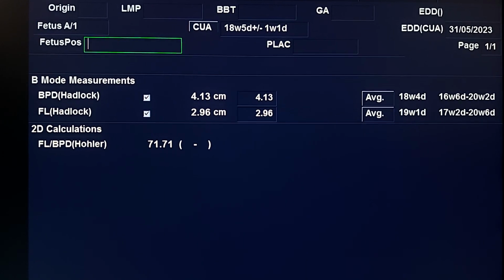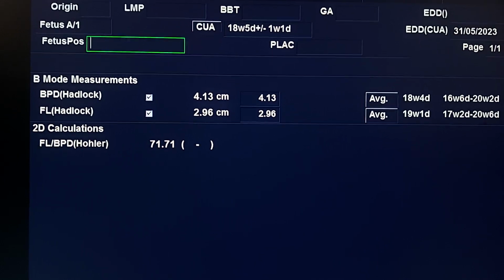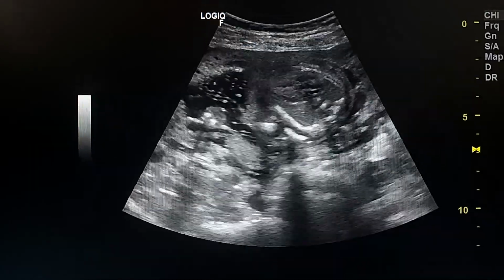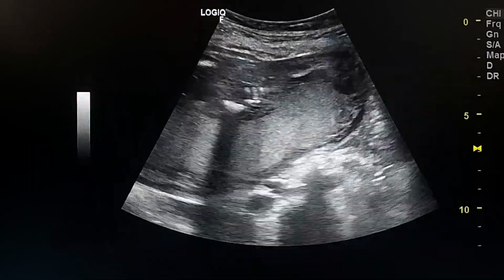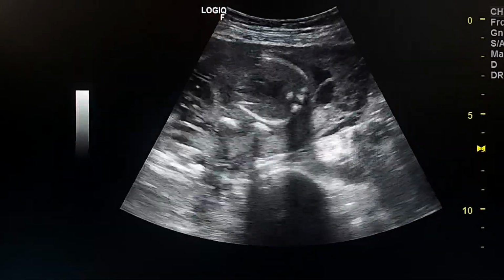The fetus is about 19 weeks, anhydramnios and bilateral renal agenesis.